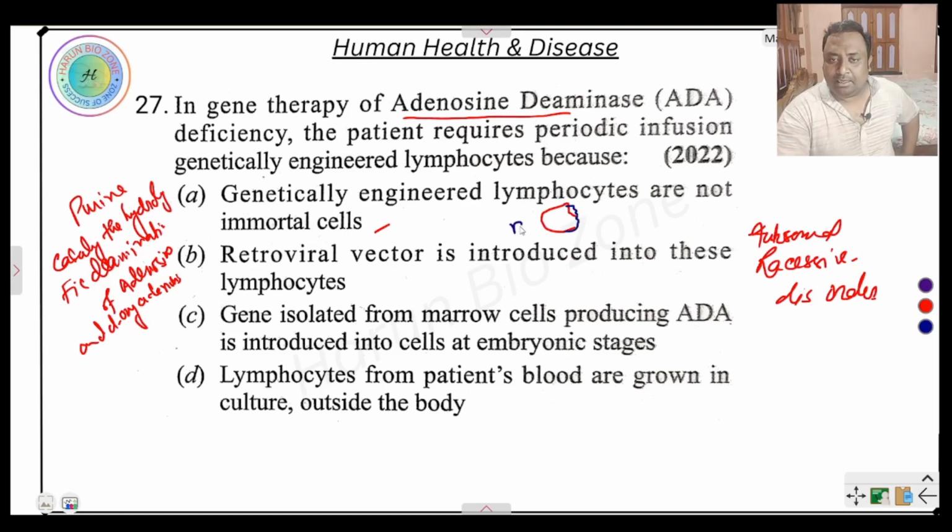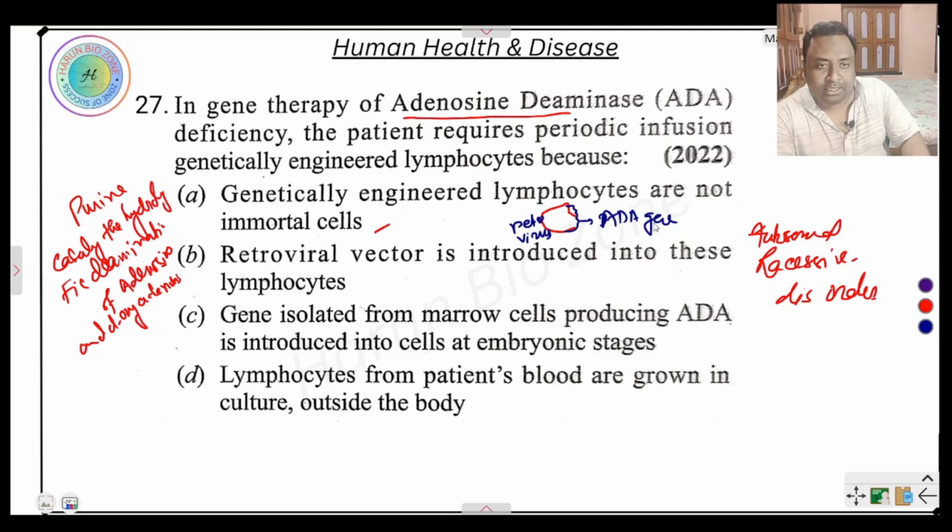This is the retrovirus vector, and this is the incorporated ADA gene. The genetically engineered lymphocytes are not immortal. Lymphocytes are not immortal, but short-lived. Clear? Retroviral vector is introduced into this lymphocyte.